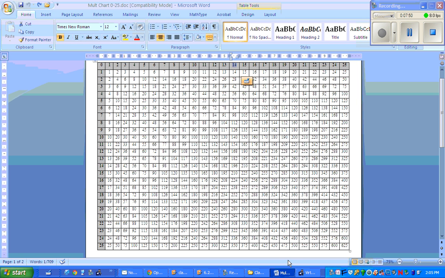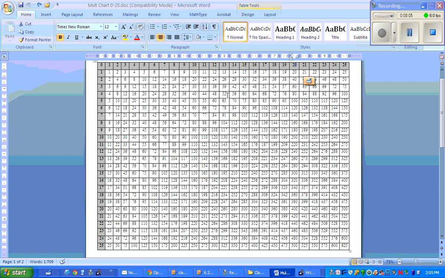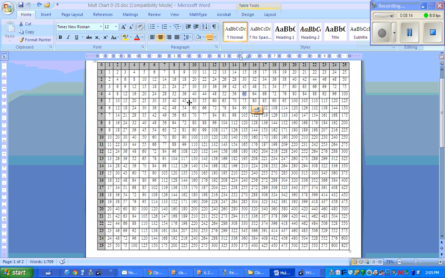3, and guys, right here you should be using your multiplication charts to help you out. 3 and 20. 4. 4 and where's 60? There it is. 4 and 15. 5. 5 goes into it.